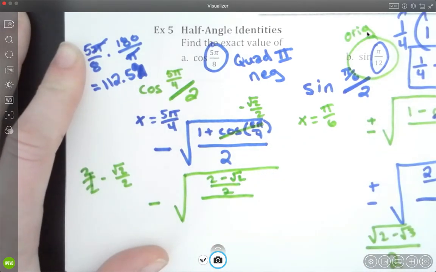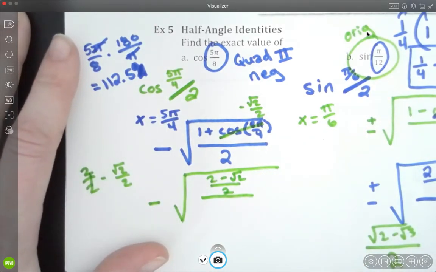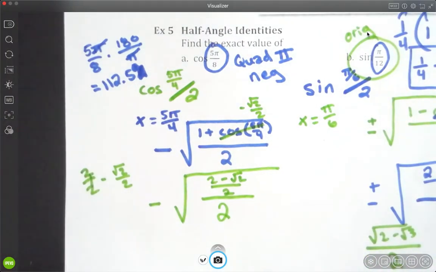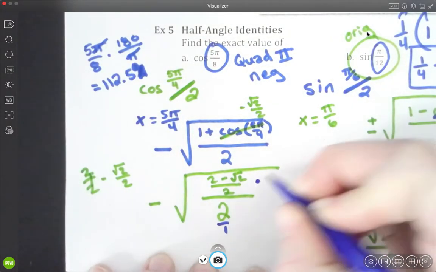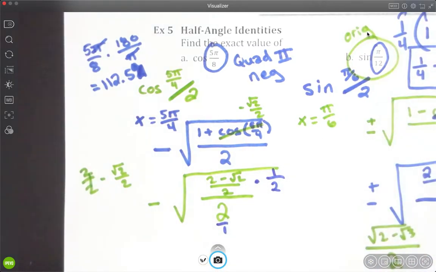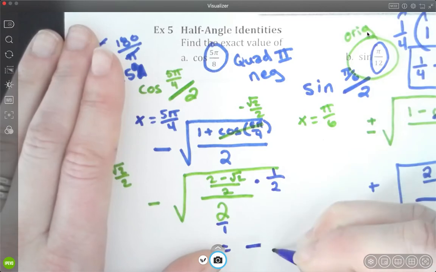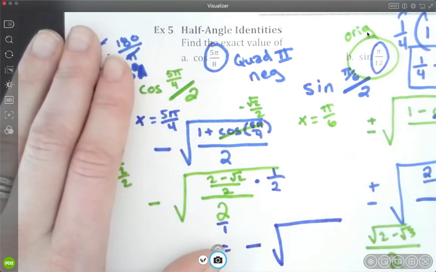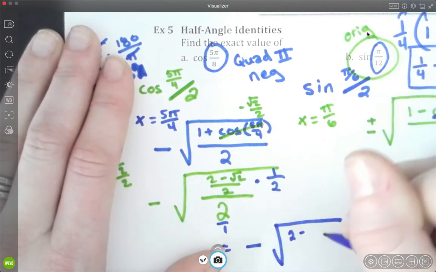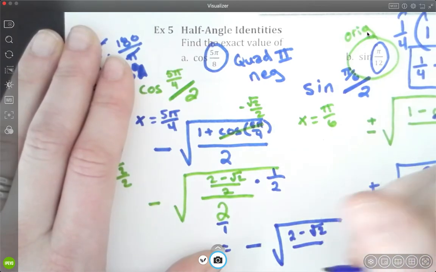And on the bottom, my bottom number is 2. But then this is 2 over 1, which I can flip to the top to make it times 1/2. So negative square root of 2 minus the square root of 2 all over 4.